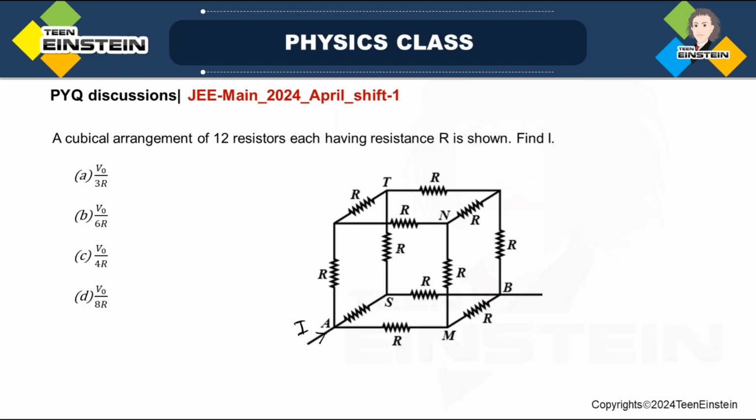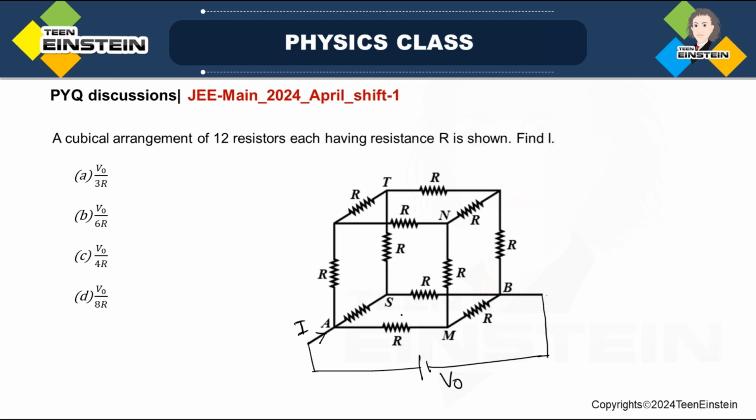I see here there was a battery of V0 volt connected across A and B. This is the complete figure, I'm sorry for that. So you have to find out what is the value of this current.